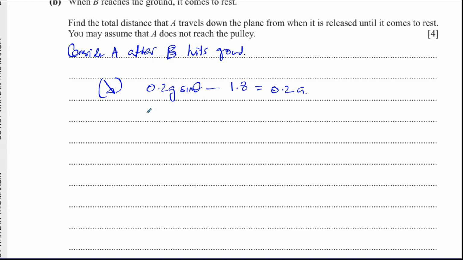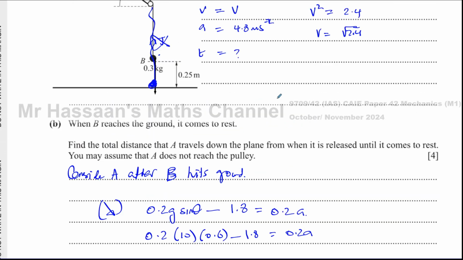Sine theta is 0.6. So 0.2 times 10 times 0.6 minus 1.8 is equal to 0.2a.